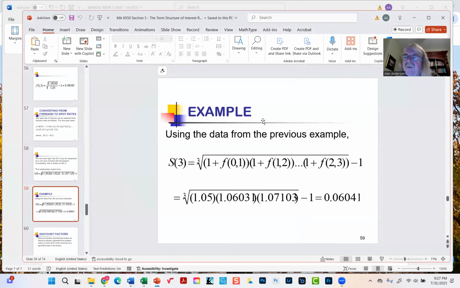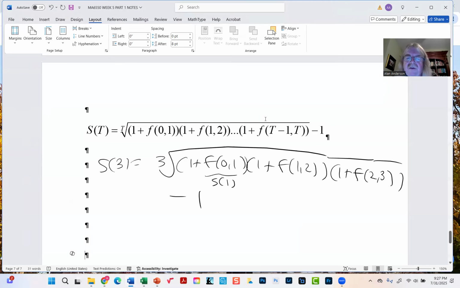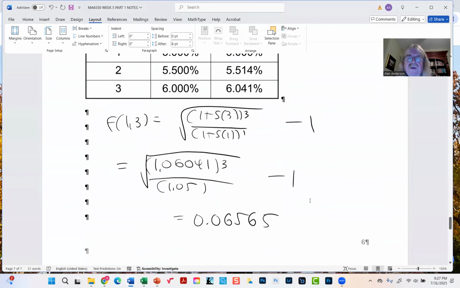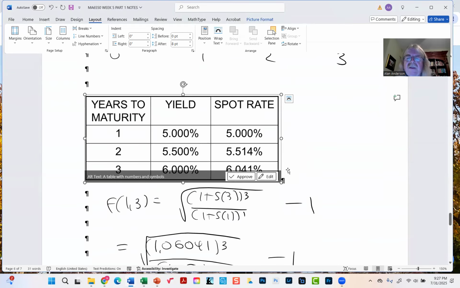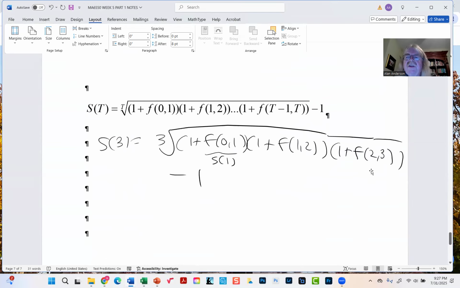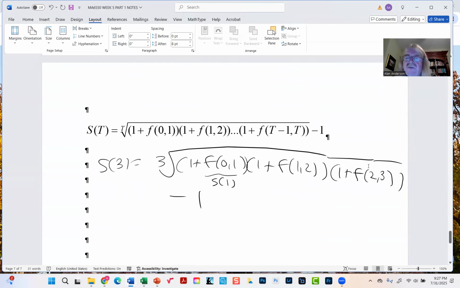Now, of course, this just falls right into place from the definitions we had earlier. So here we've copied the 3 forward rates from the chart, and you see that that does bring us back to S3 equals 0.06041 right there. Perfect. This is not nearly as common, though. Normally, you're taking the spot rates and turning them into forward rates, but there might be times when this is handy.